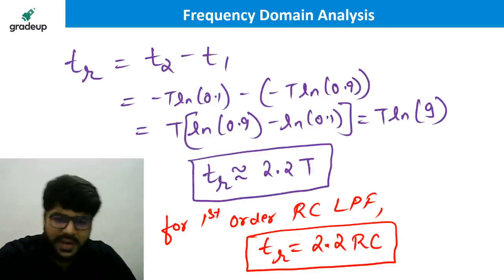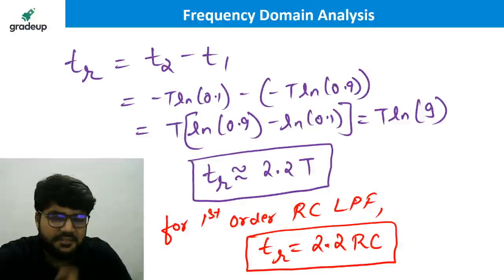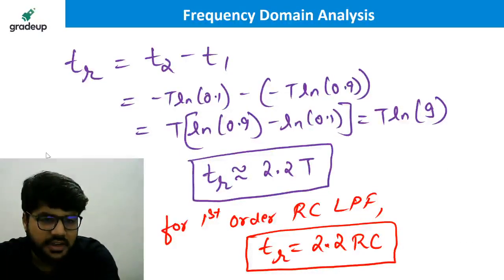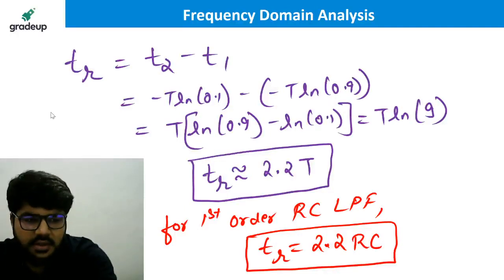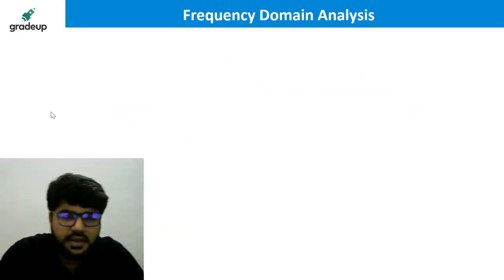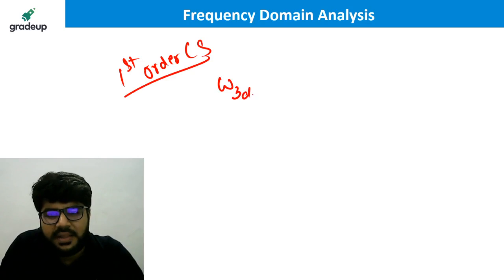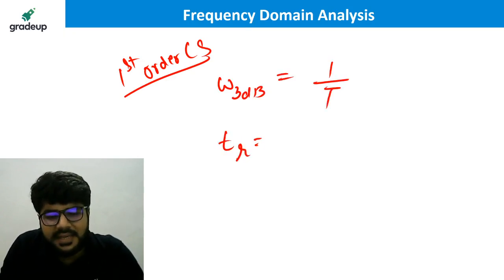Now, that's about the RC circuit. But once again, if I relate the rise time and the bandwidth for the first order system as well, you will see a result. For the first order control system, what is the final summary? What is my bandwidth? 1 upon t. And what is my rise time? It is 2.2 t.